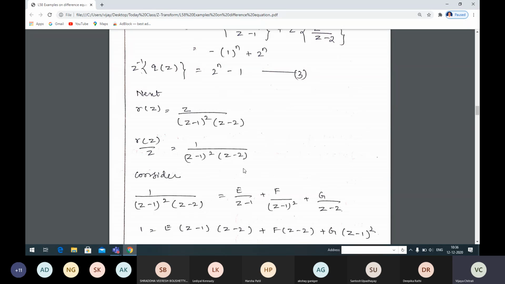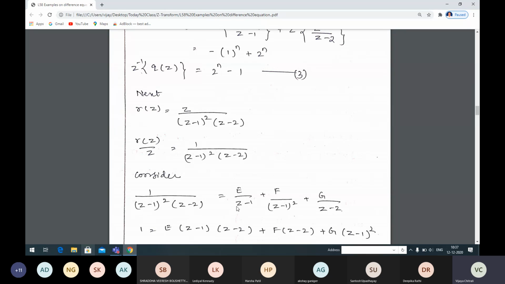You resolve this by using partial fractions. We can write this as e divided by z minus 1 plus f divided by (z minus 1) raised to 2 plus g divided by z minus 2, and taking LCM, the LCM is (z minus 1) raised to 2 into (z minus 2).